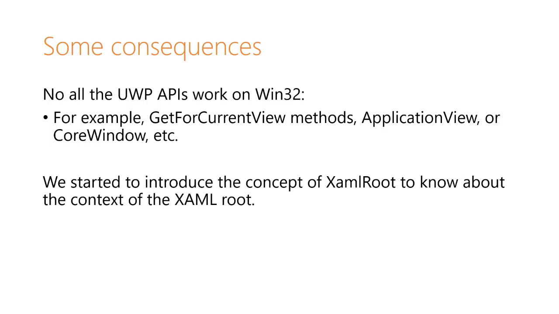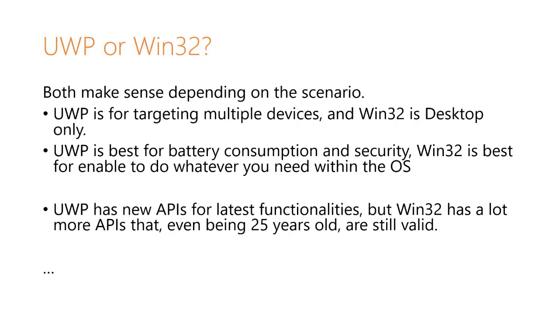So at this point, you will say, okay, if I can do the same UI, the same controls, the same API for the presentation in UWP or Win32, what technology would I use? Mike told you that using the NuGet package, you can call UWP APIs from Win32.